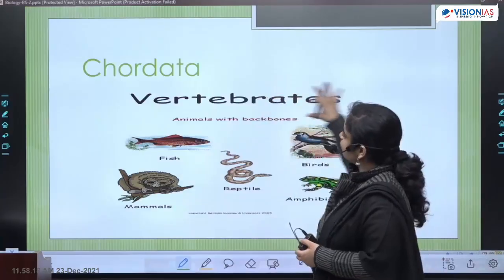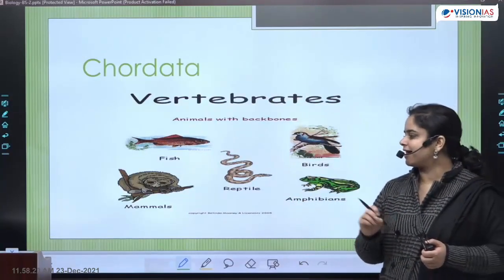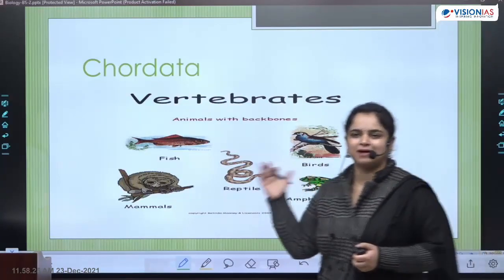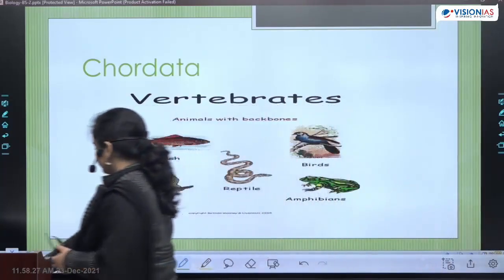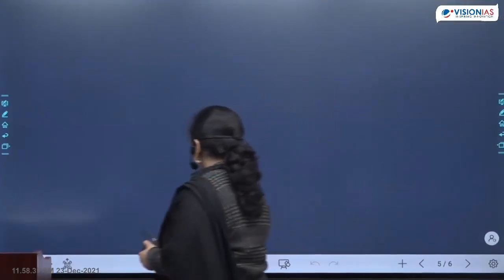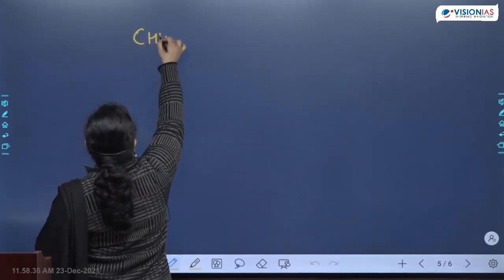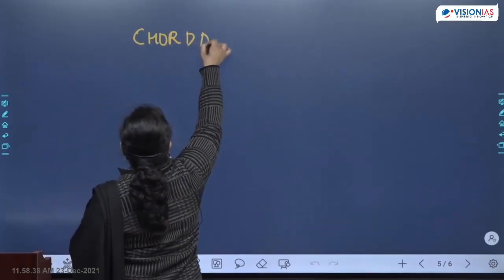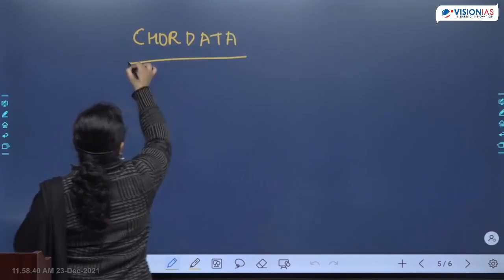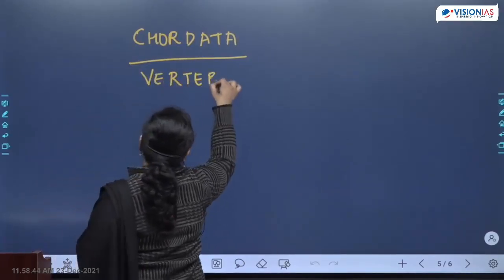We are talking about the group called vertebrates, which are organisms which have a backbone. Let's see a little bit about them. So we have chordata. Within that we have vertebrates.